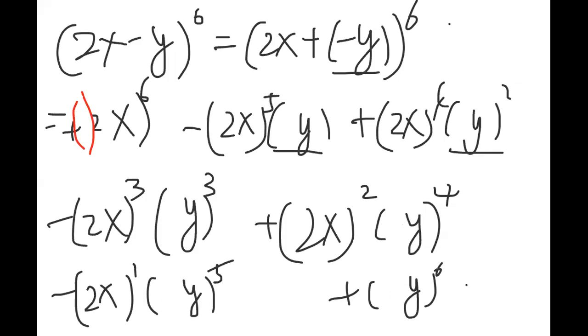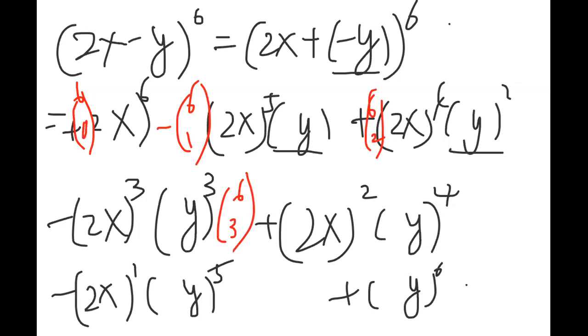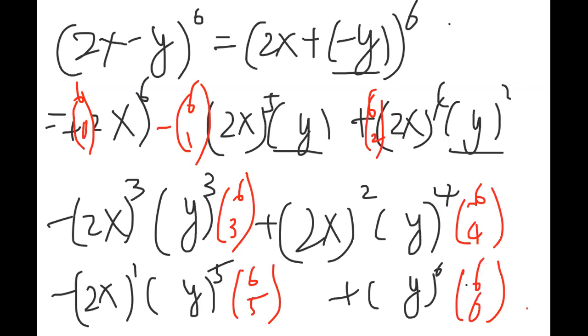This is 6 choose 0. This is 6 choose 1. This is 6 choose 2. I just write it out here. 6 choose 3, 6 choose 4, 6 choose 5, and 6 choose 6.